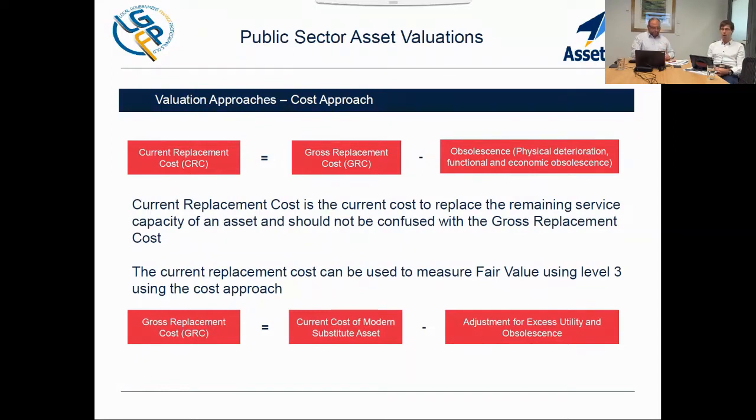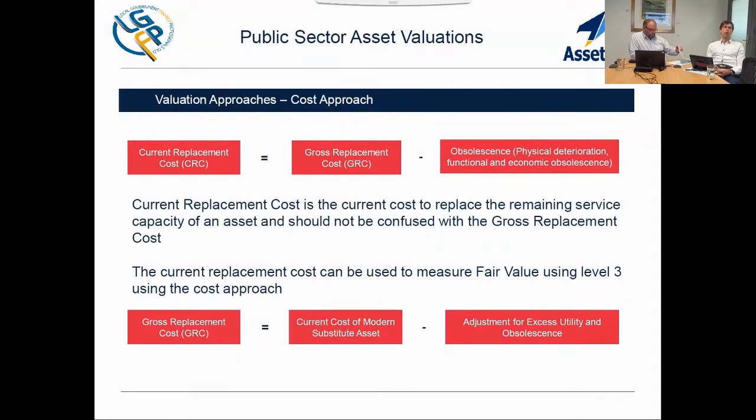So then if we go to the gross replacement cost, we look at what the current cost is to replicate that asset in modern equivalent standards, and we have to adjust that for any excess utilities.